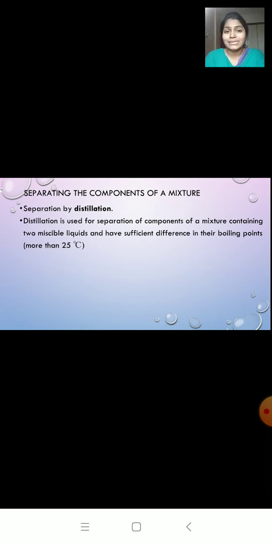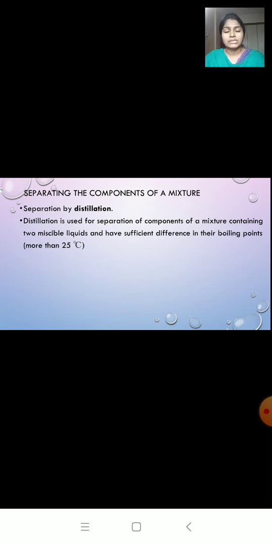Now what is the meaning of the term miscible? Miscible means two liquids, when you mix them, they will completely mix with each other, and you cannot differentiate one liquid from the other. They will look same throughout. Such liquids are called as miscible liquids.